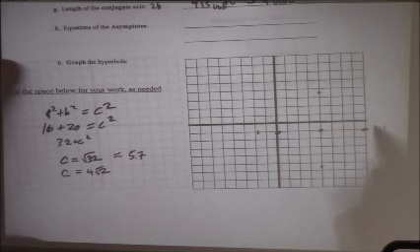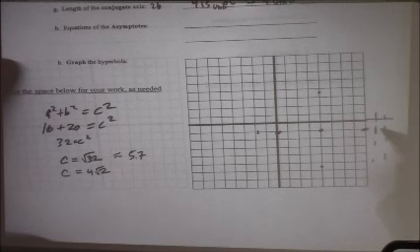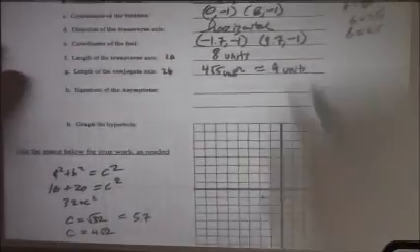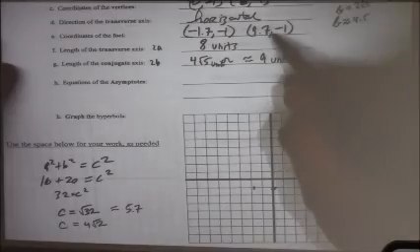Here would be 9, here would be 10, so there's about 0.7. If I continue the graph out, that means it would be 8, 9.7. What I did up here was put the (-1.7, -1) and the (9.7, -1).